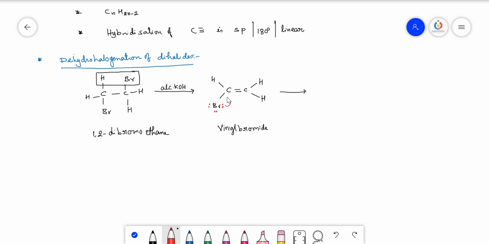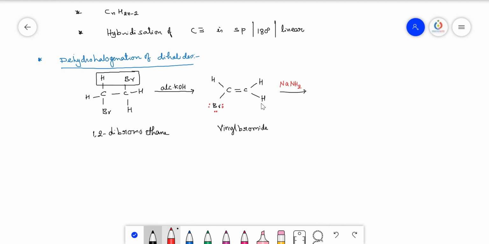These lone pair of electrons are in conjugation with the pi bond of the carbon-carbon double bond. So because of that, this carbon halogen atom gets the double bond nature, for which this OH minus ion cannot remove the bromide ion. So that is the reason why we use the strong dehydrohalogenating agent, that is sodamide, NaNH2.